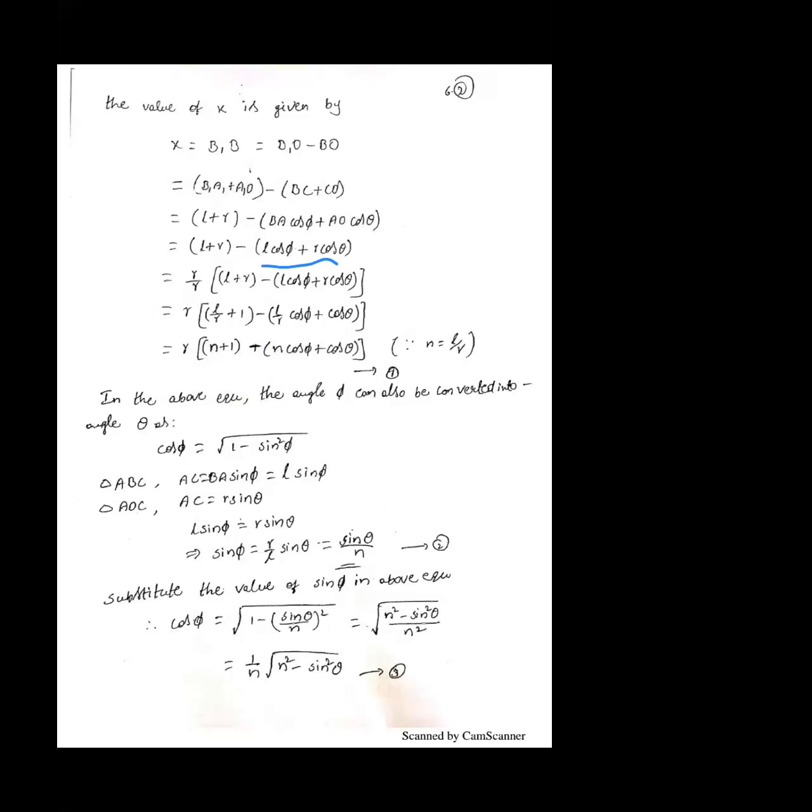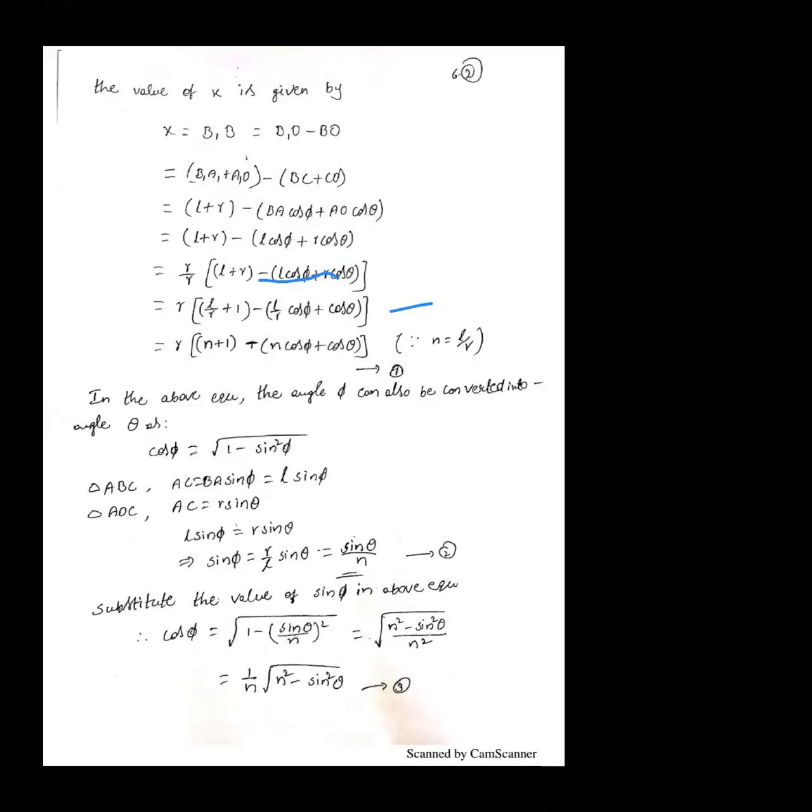When we multiply and divide with R, the R value from the division is sent into our equation. So R into L by R plus R, that is, L by R plus 1 minus L by R cos phi plus cos theta.